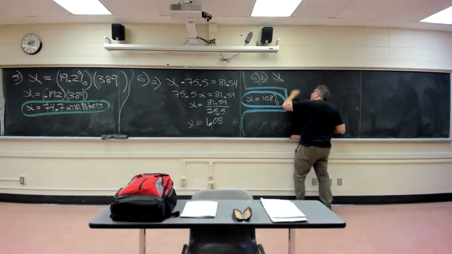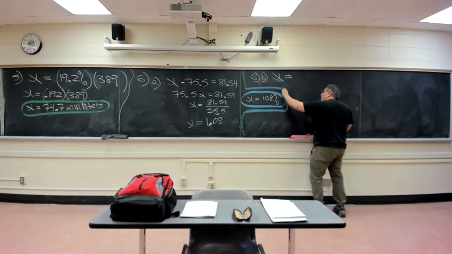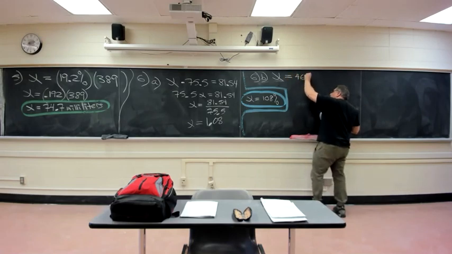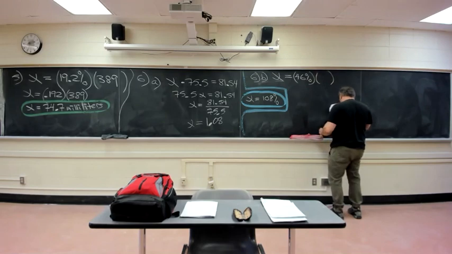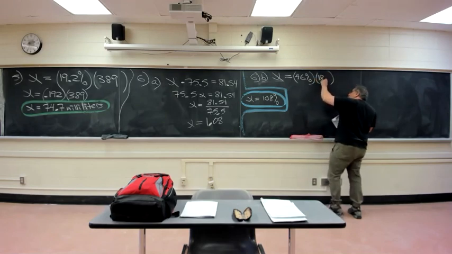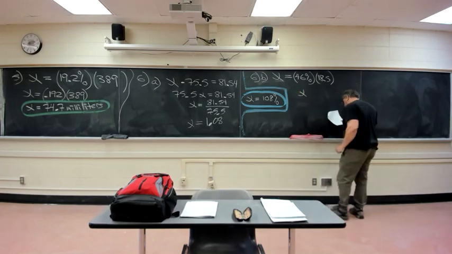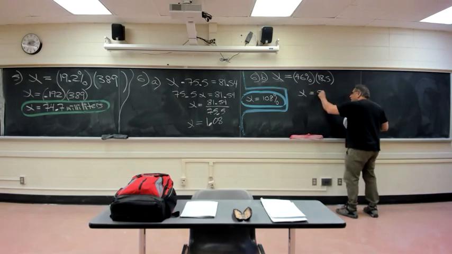What number, I don't know, that's why I'm calling it x. "Is" means equal. What number is 46%, of means multiply, of 18.5? When you do that, you get 8.51.